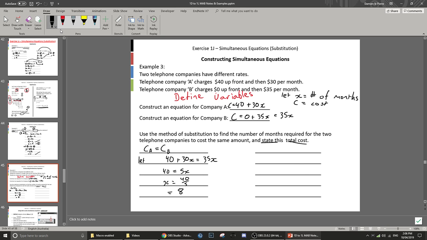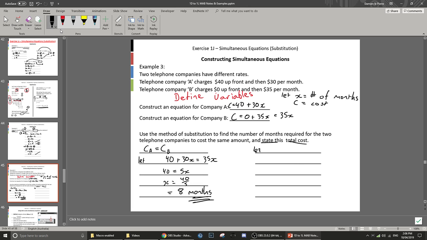Okay, and 8 what? We go back to our original definition. X is number of months, so x equals 8 months it takes. Are we done yet? No, we need to state the total cost when this occurs. So we can substitute 8 into either one.